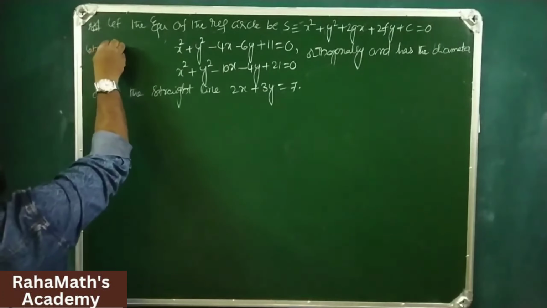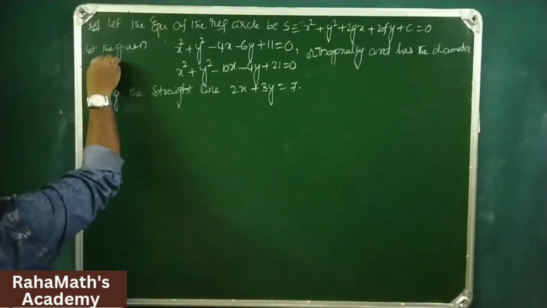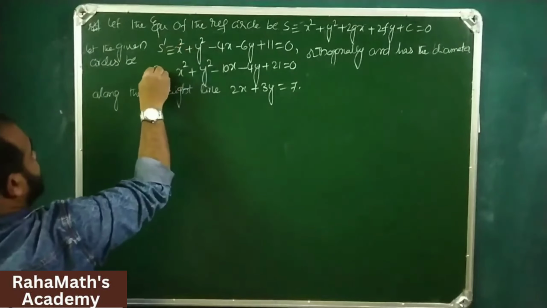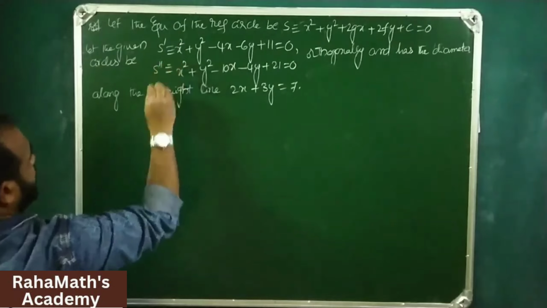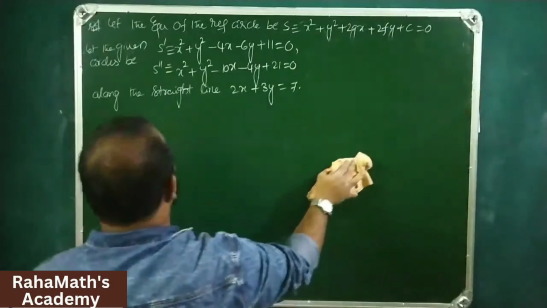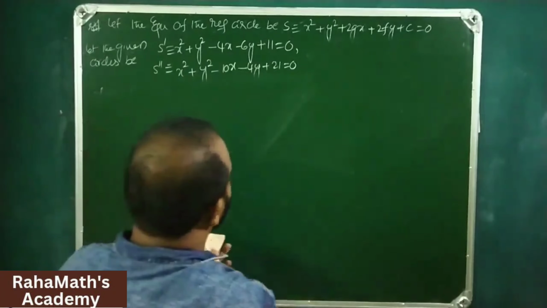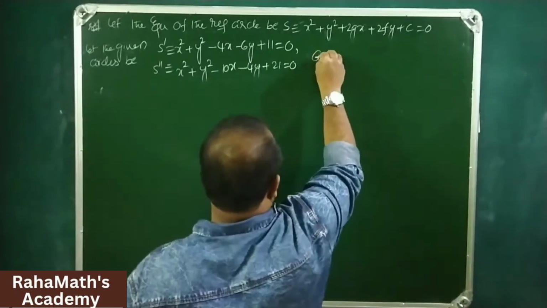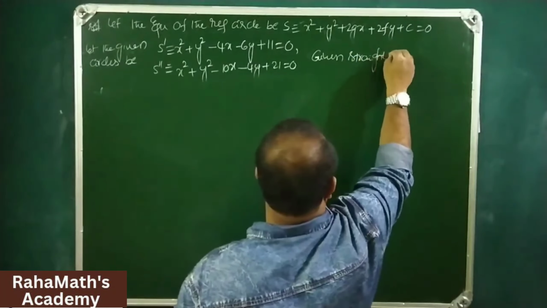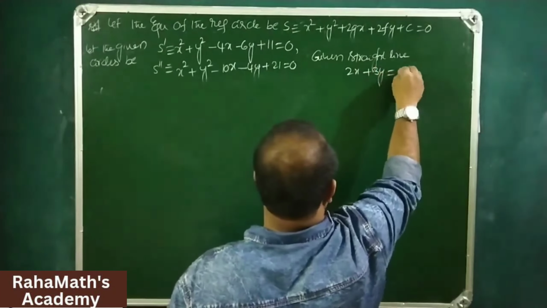Let the given circles be S' and S''. The given straight line is 2x plus 3y equals to 7.